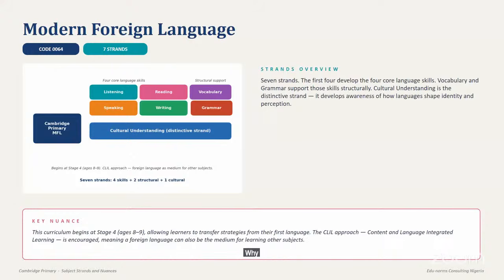Why? Because a child that's been learning French in your school from year 1 to year 5 can't speak anything, but can write it down and can read it.